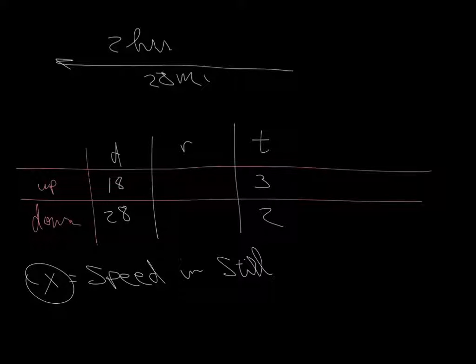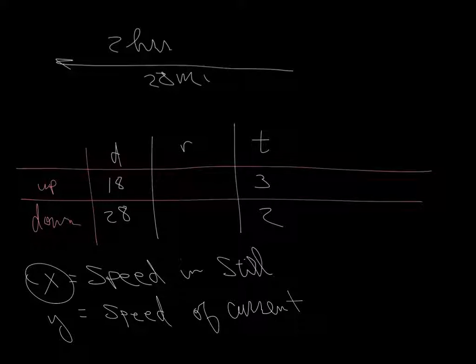When it goes downstream, it's going to go faster. So let's make x the speed in still water, and let's make y the speed of the current, because again we're missing the r, so that's what r is, speed. Okay, so when it's going upstream, it's going a certain speed minus the current because it's fighting the current. So it's going to go x in still water minus however fast the current is pushing it backwards.